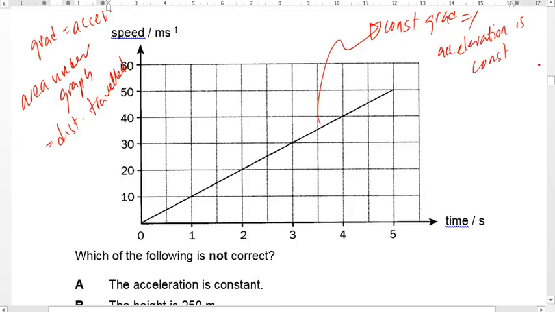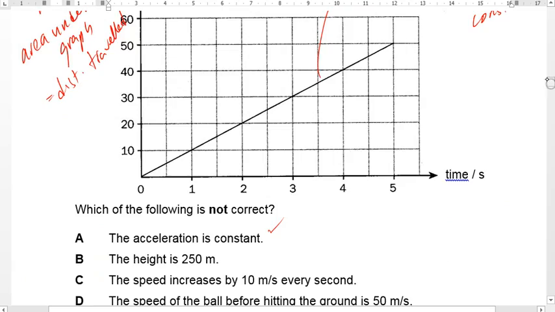Which one is not correct? This is correct, acceleration is constant. The height is 250 meters. Height is given by the distance traveled. The height that the ball was dropped from is the distance it covered, so the distance covered must be the area.